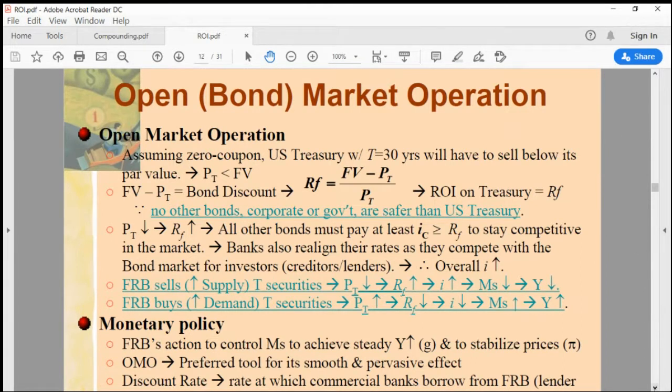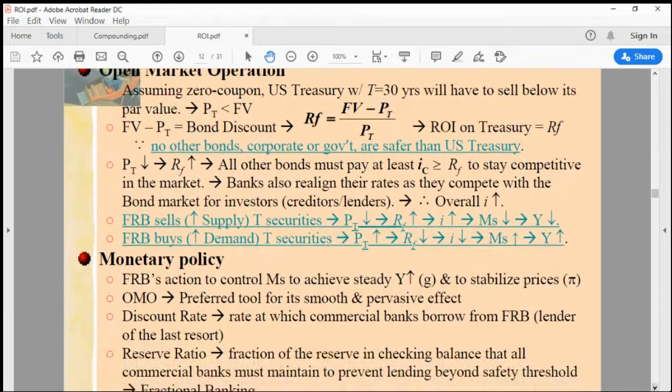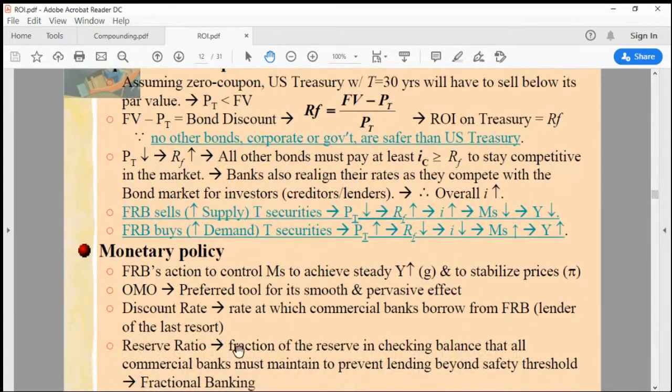Remember, open market operation is just one tool out of three tools that the Federal Reserve has under its control to implement monetary policy. And once again, monetary policy is to increase or decrease the money supply to stimulate the economy or to cool off the economy. And it goes through the market mechanism.